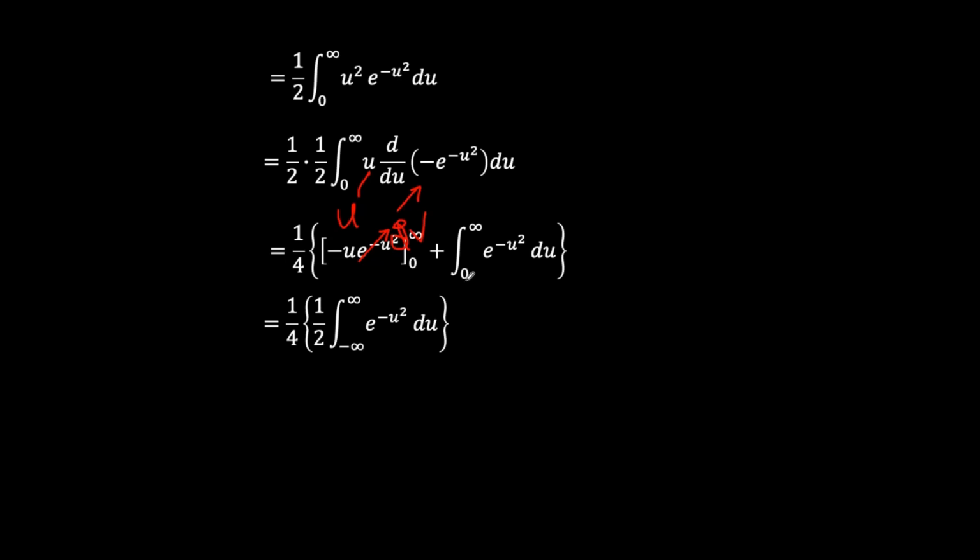And since we are beginning from 0, but if we take the integration from negative infinity, because this is symmetrical about 0, so half of the whole integral from u tending to negative infinity to u tending to positive infinity. And as you can see, this is our Gaussian integral where the value is root of pi. And so our answer now is 1 over 8 times root of pi. And this is our final answer.